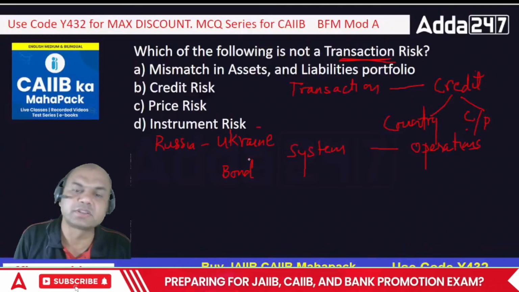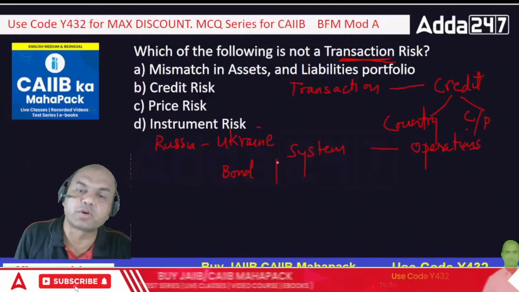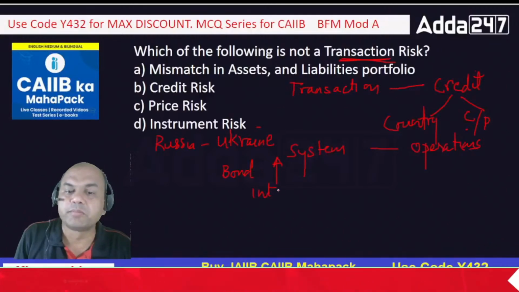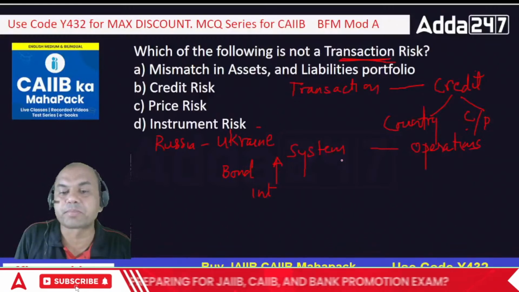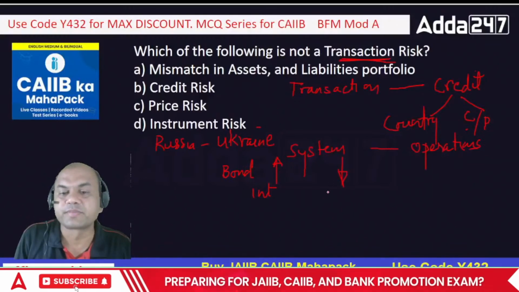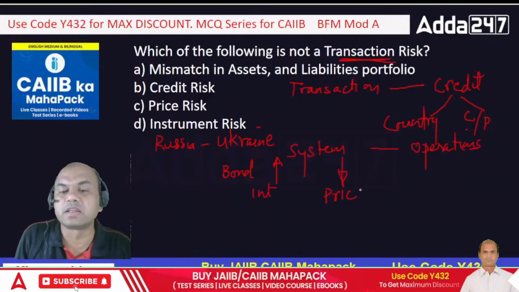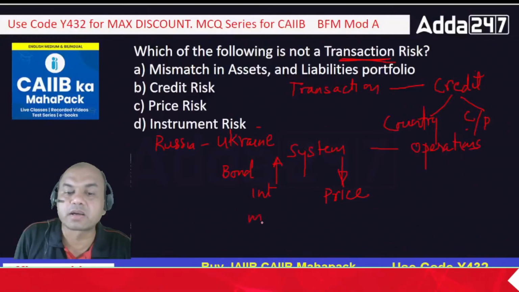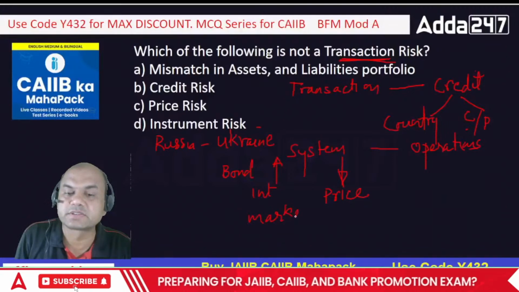Because of this, the bond rates and interest rates have gone up. Because of the interest rates going up, the prices have gone down. These two are always inversely related. So this is a type of market risk which is not in your hands.